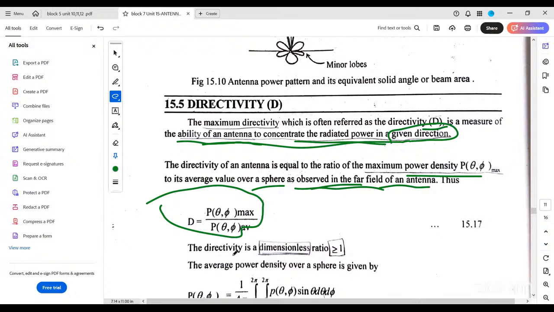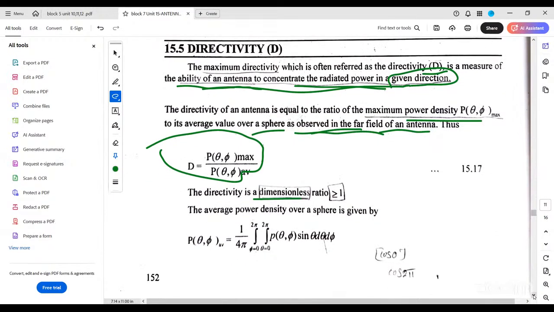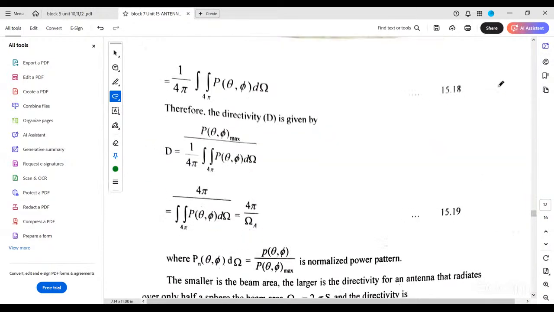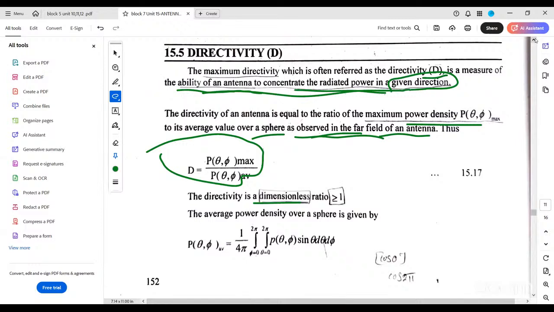Directivity is dimensionless, so what is the ratio? The ratio is greater than or equal to 1. A small derivation is given, so just go through it. What steps are given in the derivation? The average power density formula is given, and that is substituted in the directivity formula and simplified.